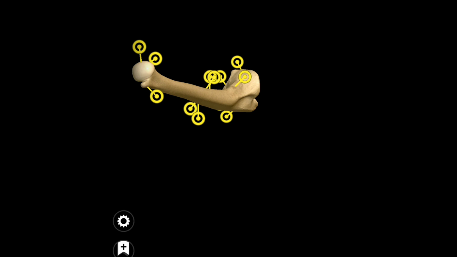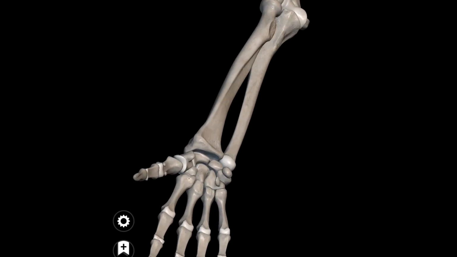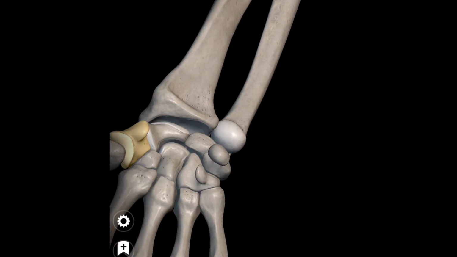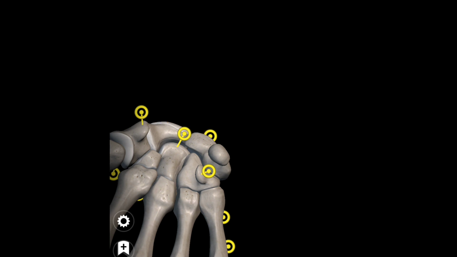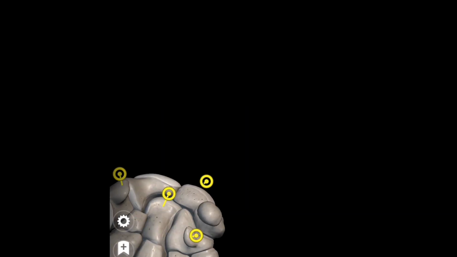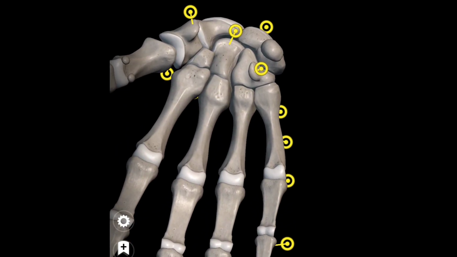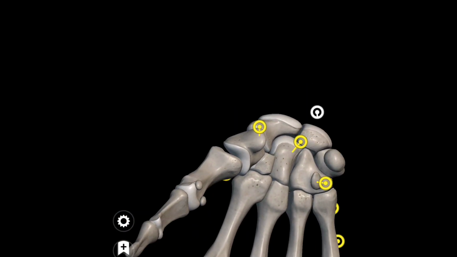Now come back to the carpal bones. In the carpal bones you see the trapezoid bone. So we will just hide the other bones.